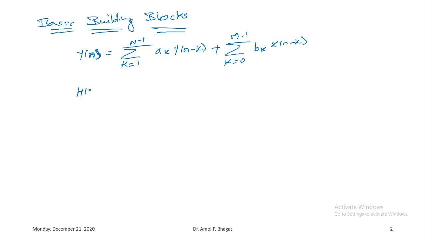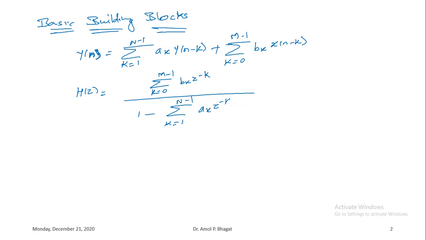This can be represented in system function form as y of z upon x of z equals summation k equals 0 to n minus 1 bk z to the power minus k whole upon 1 minus summation k equals 1 to n minus 1 ak z to the power minus k.